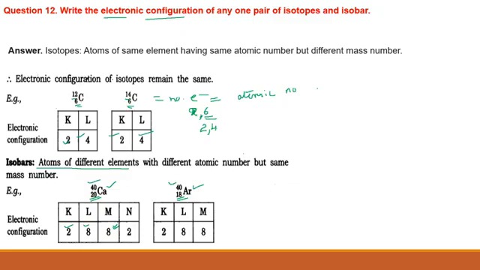Children, the octet method of filling the electronic shells means the maximum number of electrons that can be accommodated in any shell is 8. 8 and octet, it has a similarity, right? So we are following the octet method here. Okay, in argon it's 18, so 2 plus 8, 10, and the remaining 8 is filled in shell M.